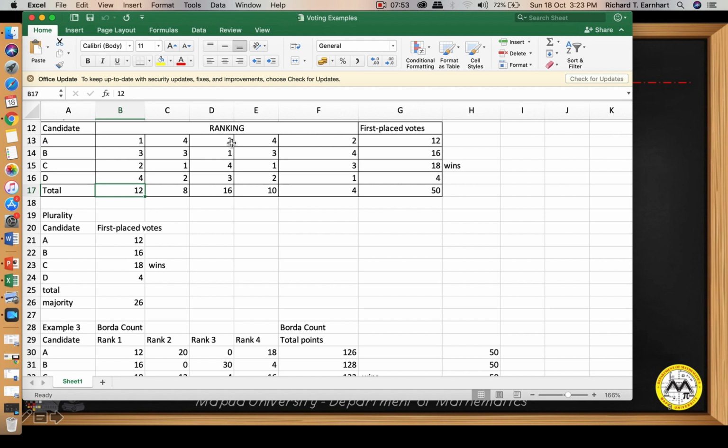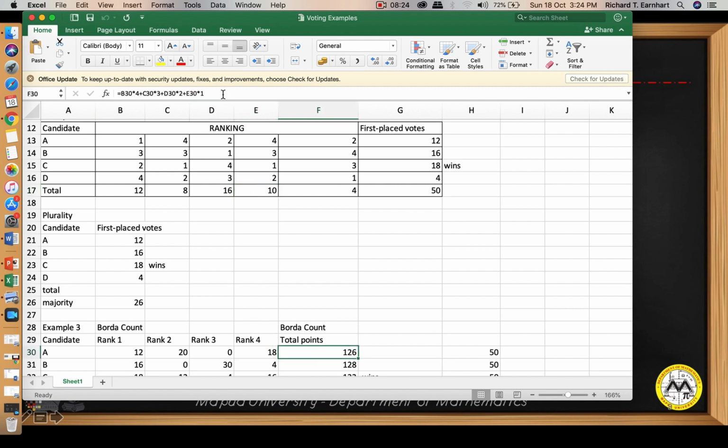And then candidate A has rank 2 that is equivalent to 16 points. And then another 2 here, so that's plus 4, so a total of 20 points. And then rank 3, no rank 3, so 0. Rank 4, we have 2 here, the equivalent points, or votes rather, 8 and 10, so that will be 18.